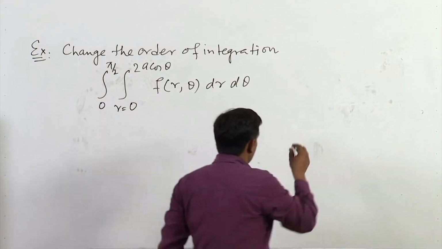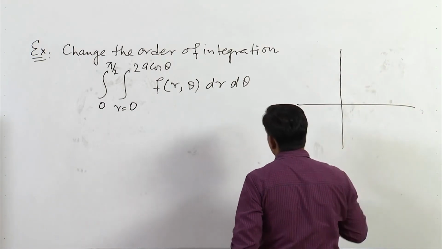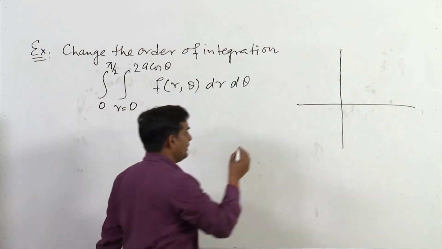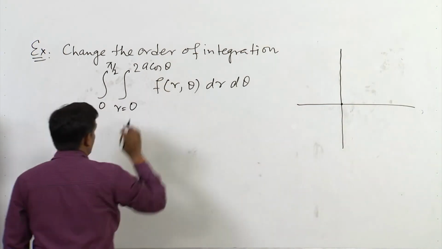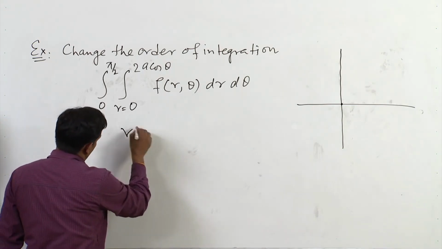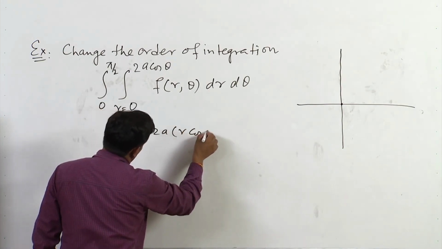So, let us sketch this region first. r equals 0 means here, and the other curve is r equals 2a cos theta. r equals 2a cos theta means r square is 2a into r cos theta.